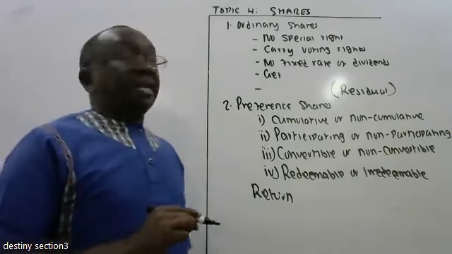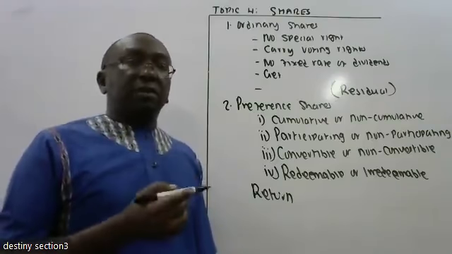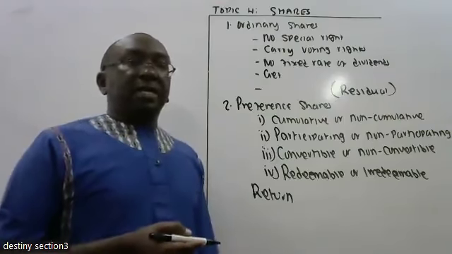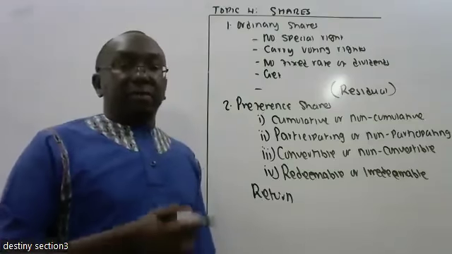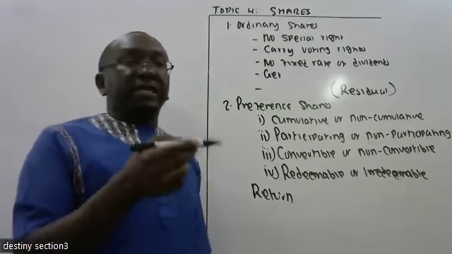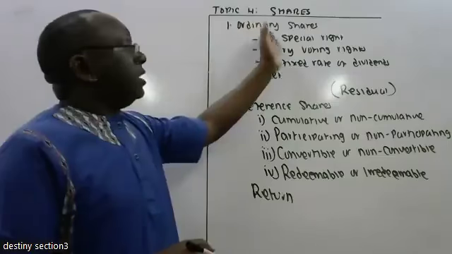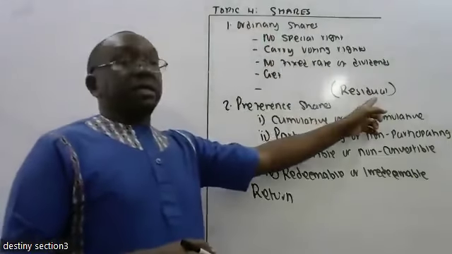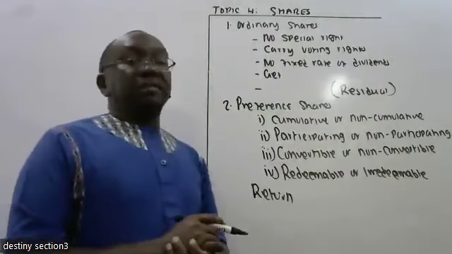There are times when the company is not able to pay dividends because it has not made profits, and also because there could be many other obligations, so some people end up not getting dividends although there are profits, especially the ordinary shareholders. That's why we say they get the residual.